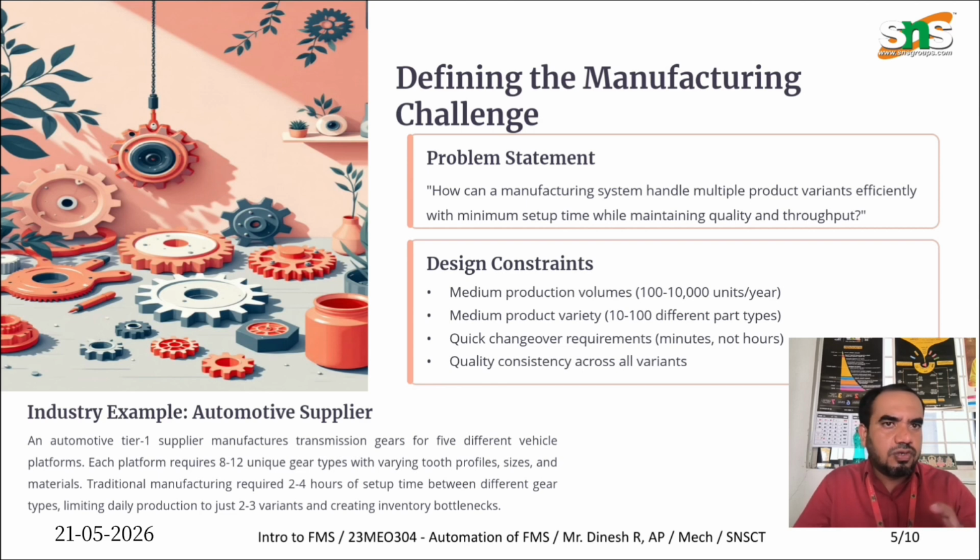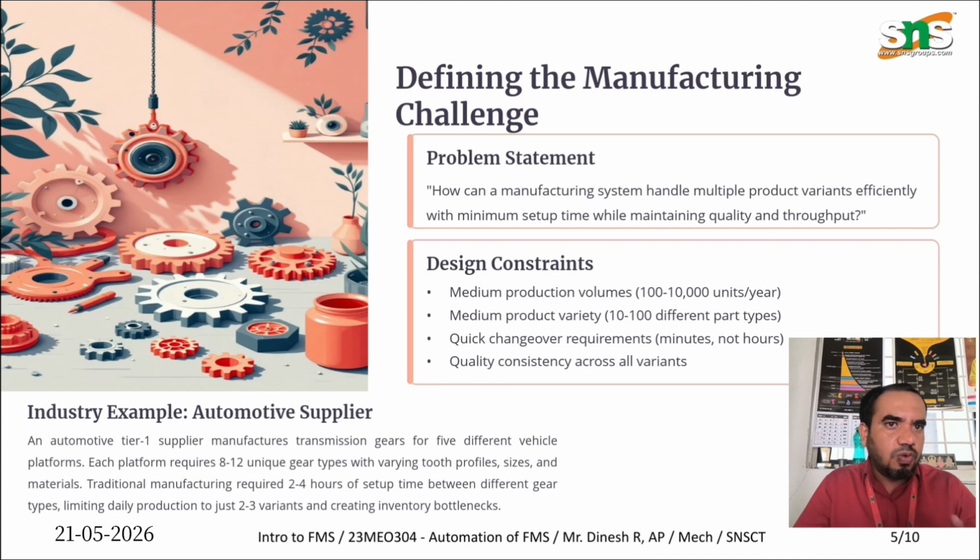Now the design constraints, for example, medium production volume. Let's say a product which we produce 100 to 10,000 units per year, we can call it a medium production. Medium production variety means 10 to 100 part types.